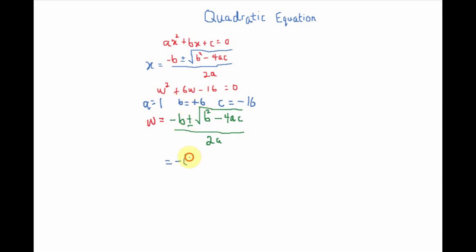So I can put plus 6, plus or minus square root of b squared, that is plus 6 squared, minus 4ac, 4 times 1 times minus 16. And then like this, over 2 times 1 is 2, bracket 1.